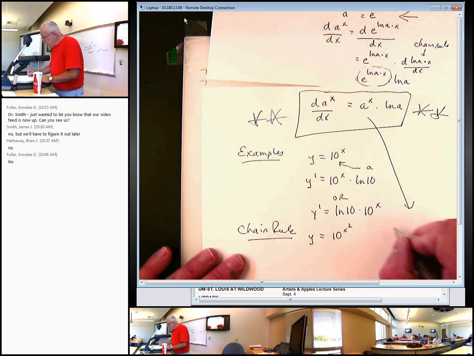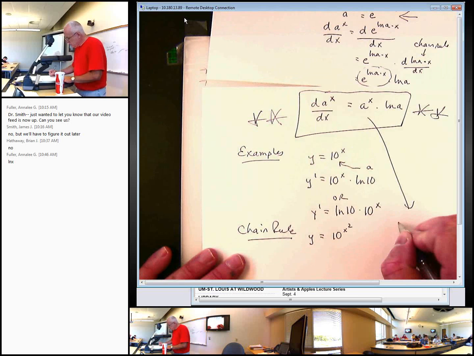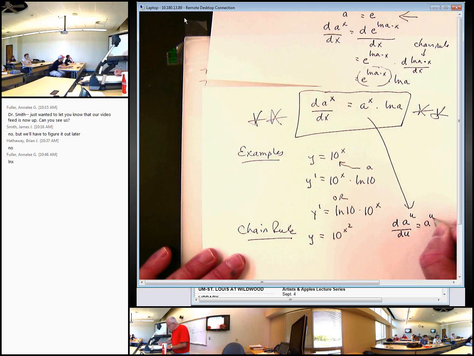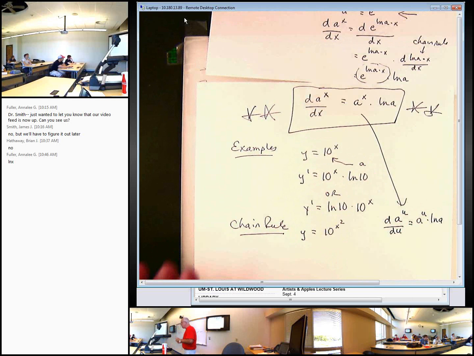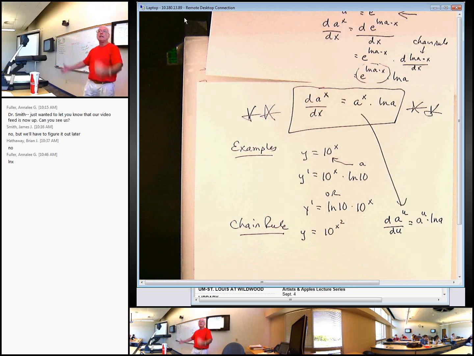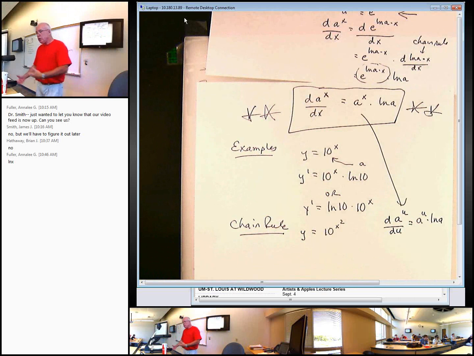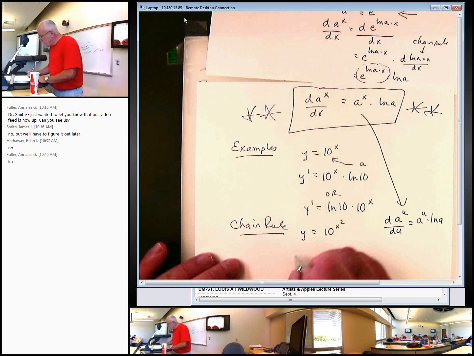The derivative of a to the u power with respect to u is equal to a to the u times the ln of a. I'm just replacing x with the letter u. Now we're going to use the chain rule here with this derivative.